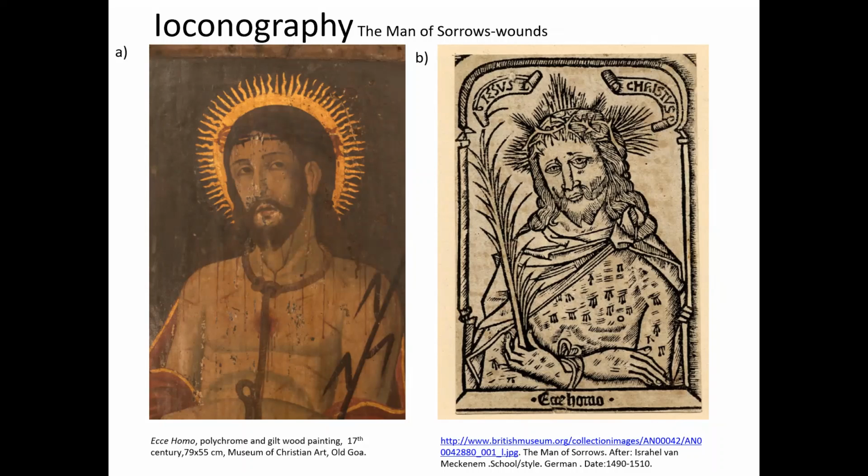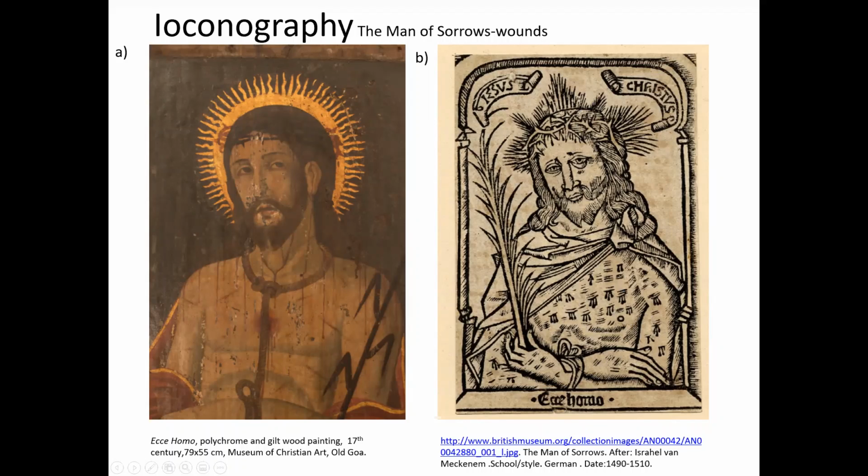But we have here in Mocha also this Ecce Homo as a combined representation of Christ as man of sorrows, also King of the Jews, because he represents also the wounds. You can see here the wounds, like in some engravings.